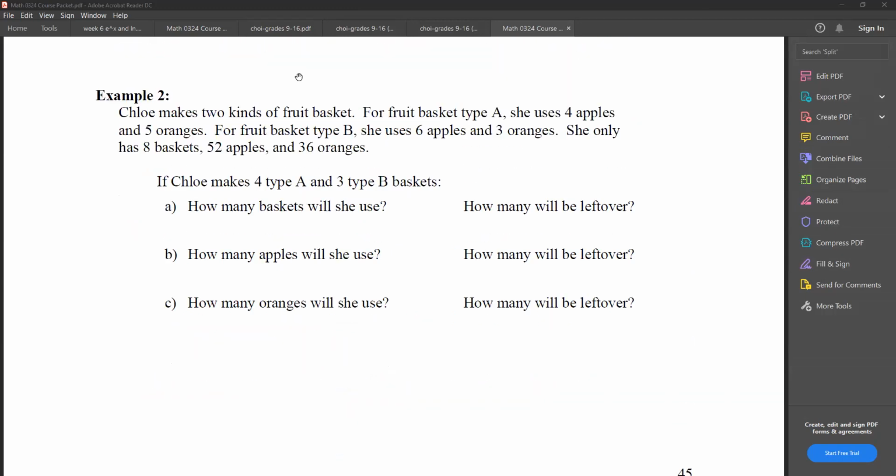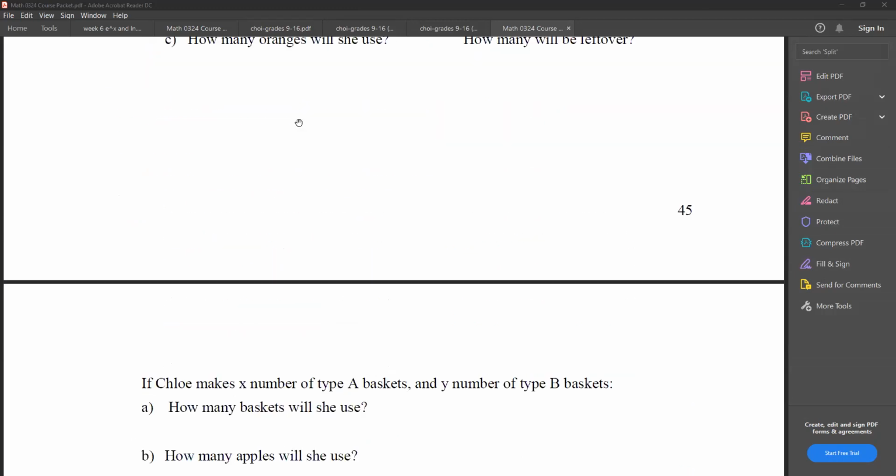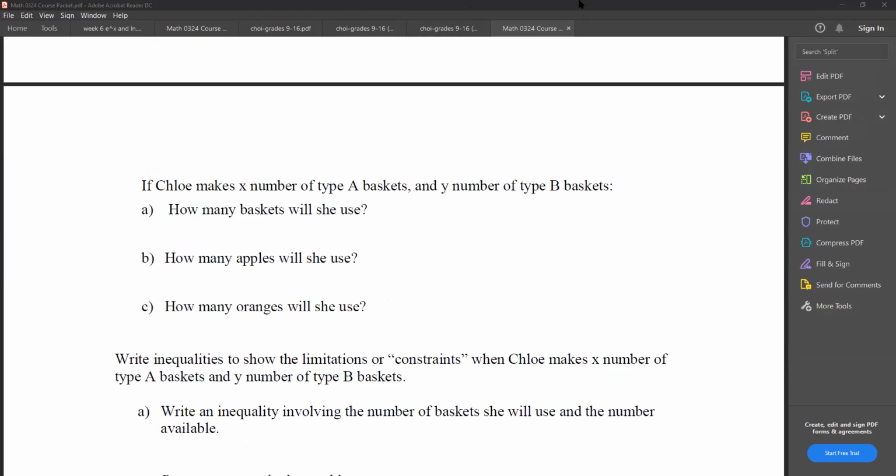Okay, we had apples, which I called X, right? Oh, no, they're calling the baskets A. All right, so we have type A baskets, which are X, the number of A baskets, and Y is the number of B baskets.